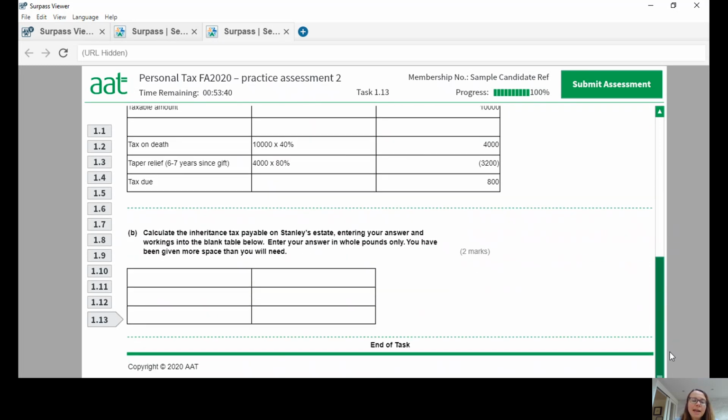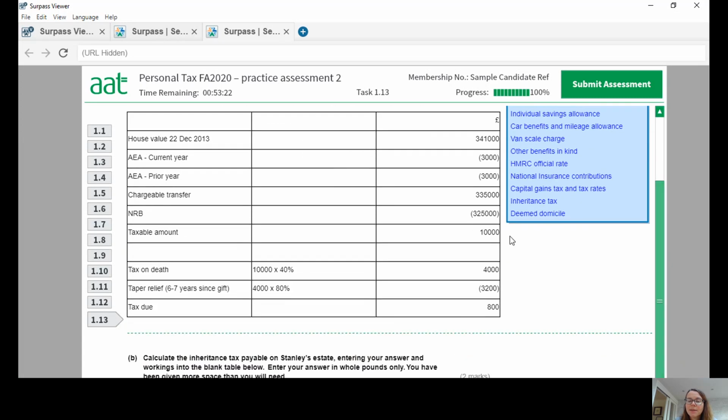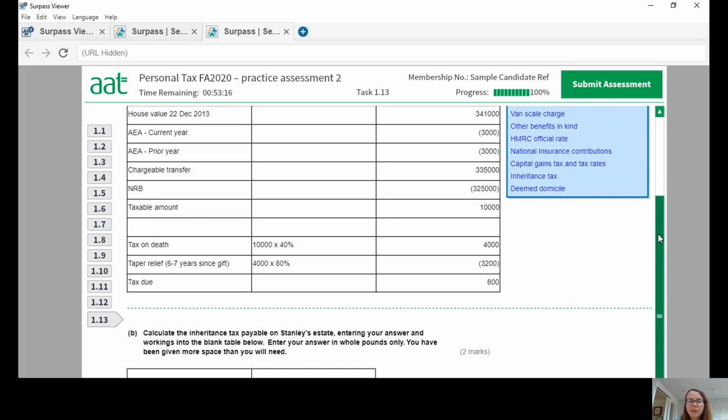Calculate the inheritance tax payable on Stanley's estate. Right, so the estate is 300,000. So we don't care that it includes this 185. What we do care about is that the nil rate band has had to be used against this chargeable transfer.